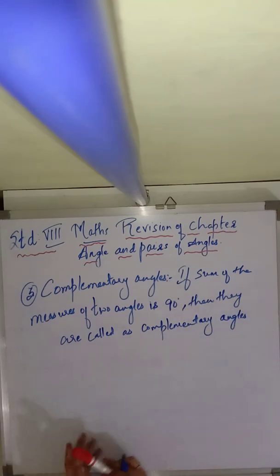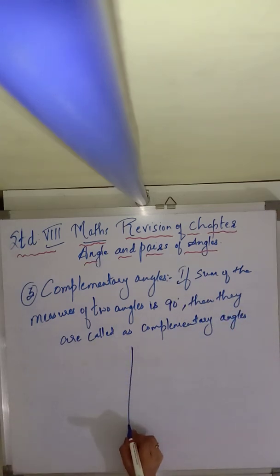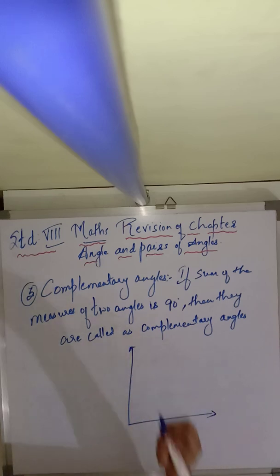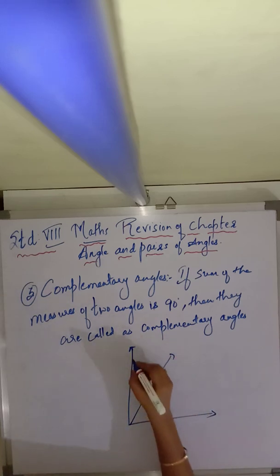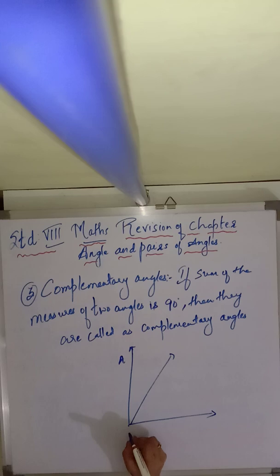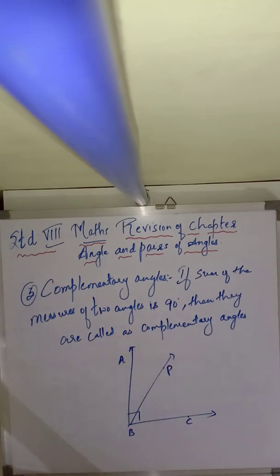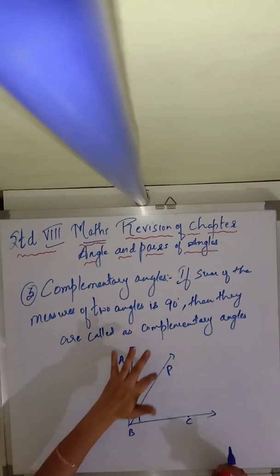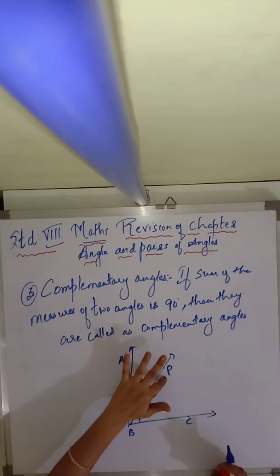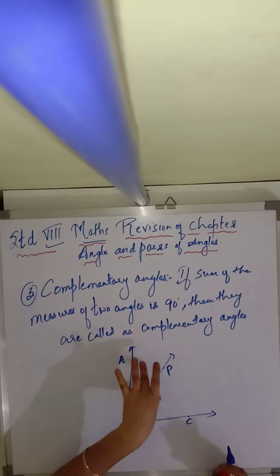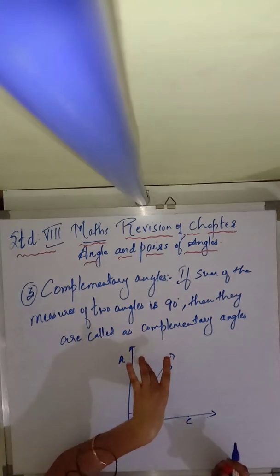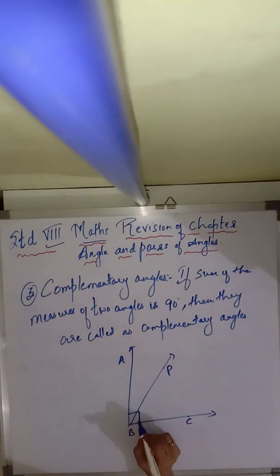Now here I am drawing a rough figure. See children, here angle ABP and angle PBC, the sum of both the angles if you add, is nothing but 90 degrees.